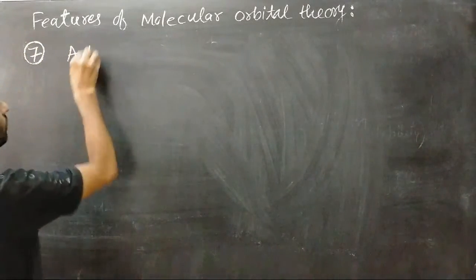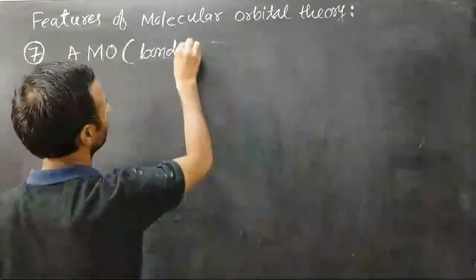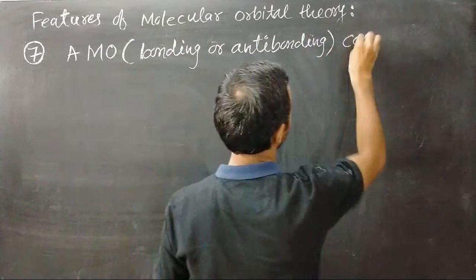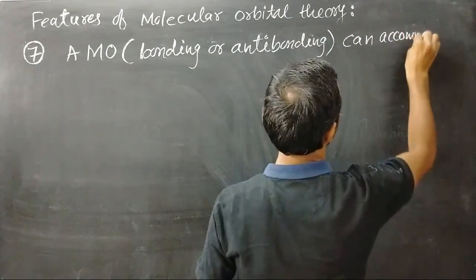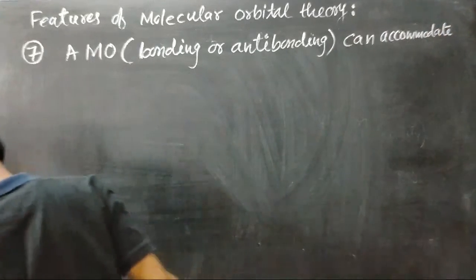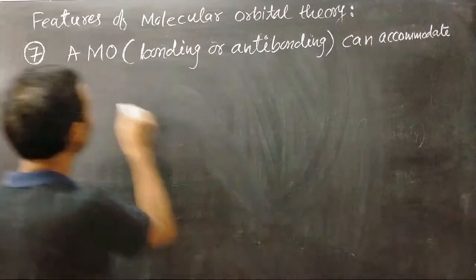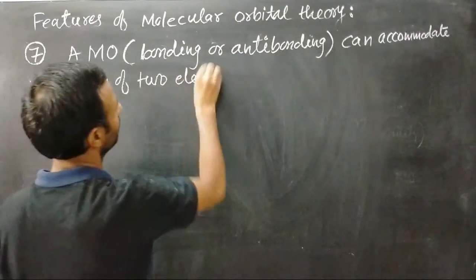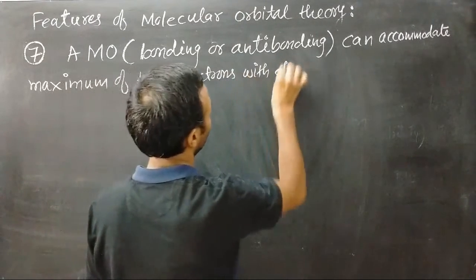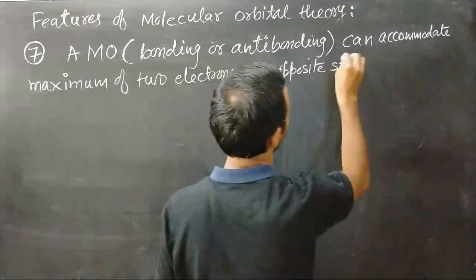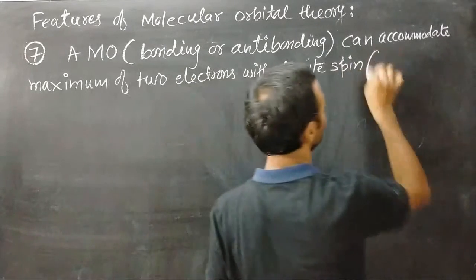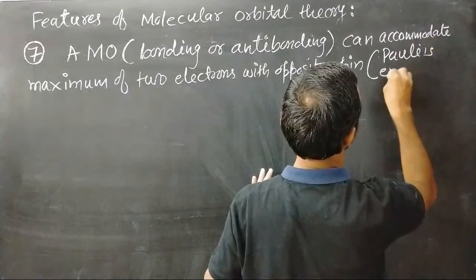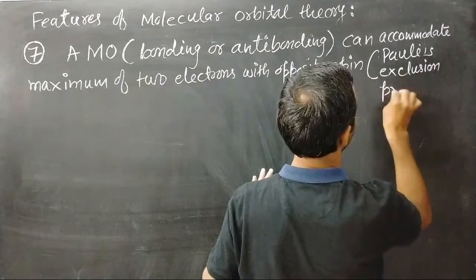A molecular orbital, bonding or antibonding, can accommodate a maximum of 2 electrons with opposite spin. That is Pauli's exclusion principle.